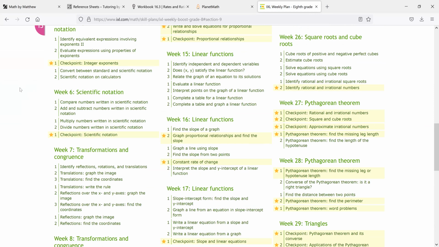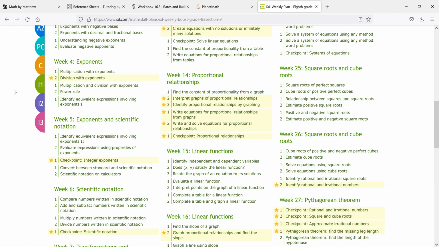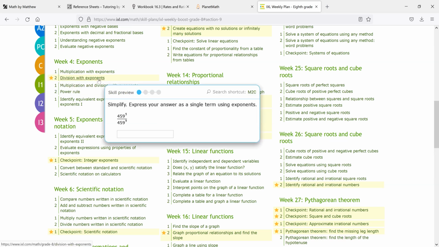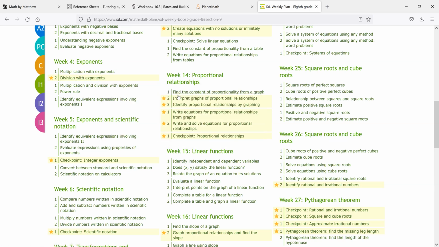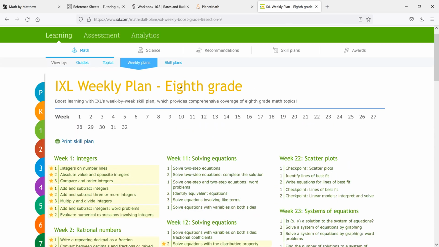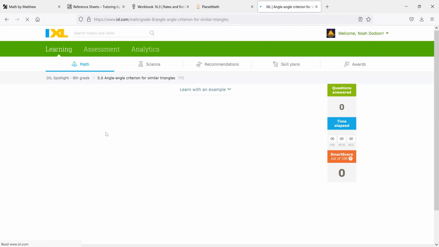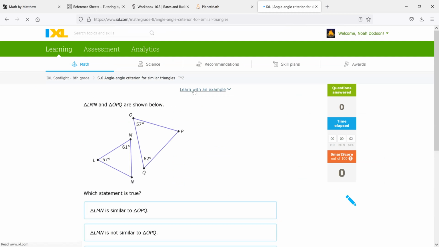Like here, division with exponents, is that something you still need to practice, or does it mean you've mastered it? I don't know what it means. I've never figured out, and the teacher never told us. Okay. Well, let's go see what week 10 looks like. We'll just pull up angle criterion. Let's see what you've got here.